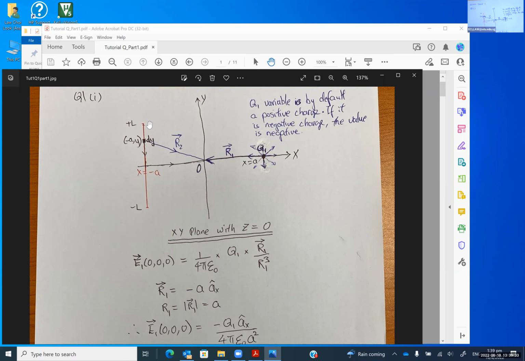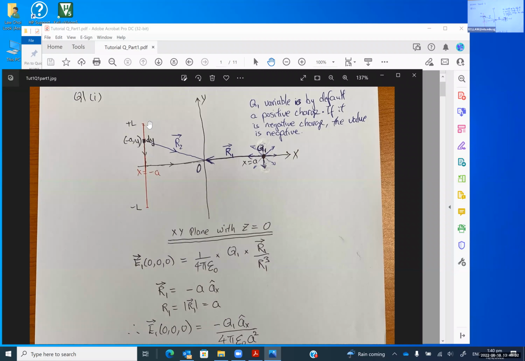What would you do next? Find the DE. So what do you mean by that? What are you actually doing? Why is it called DE? E is electric field, right? So you're finding a small electric field, right?